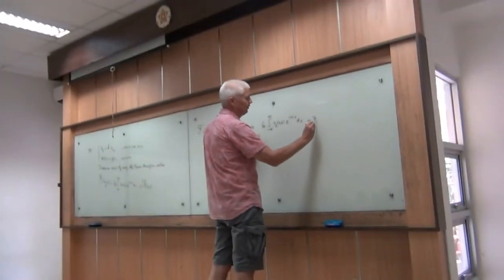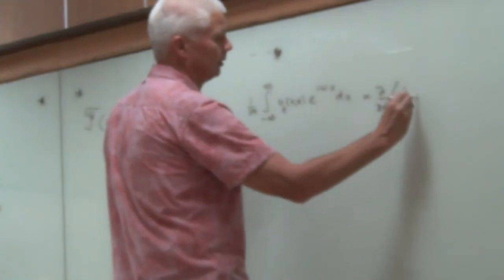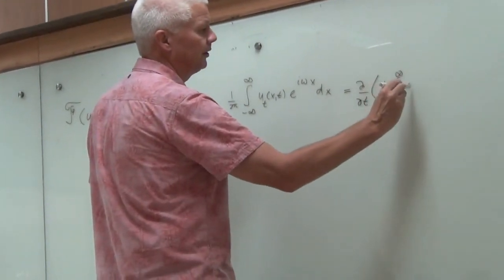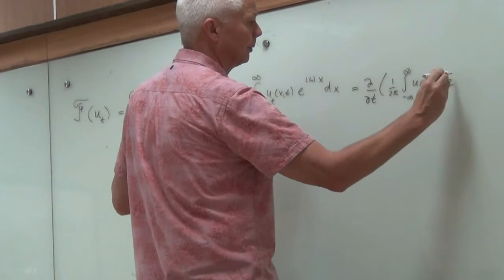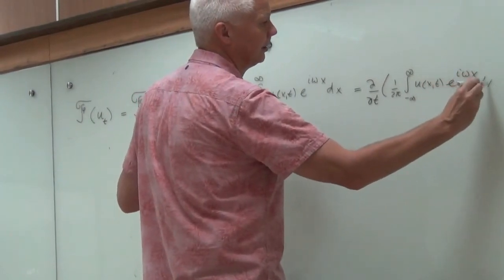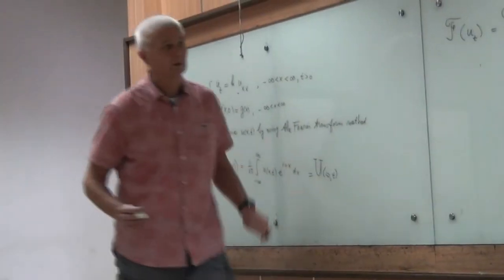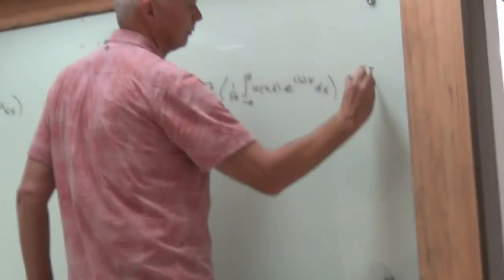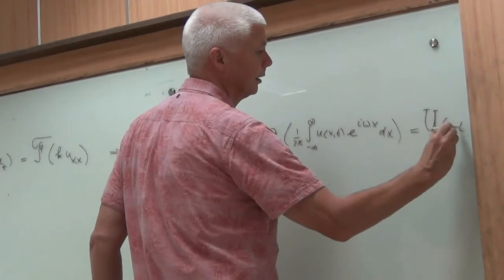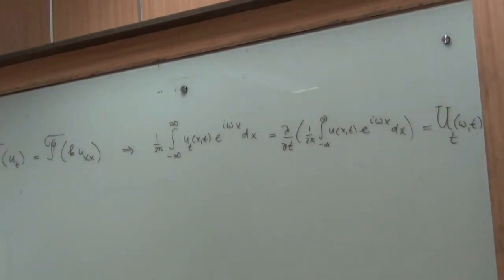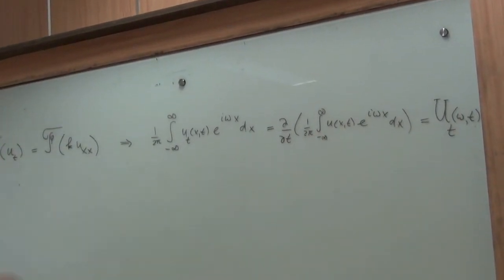So this is the d/dt of 1 over 2 pi integral from minus infinity to plus infinity u(x,t) e to the power I omega x dx. In between brackets I have the d/dt of the Fourier transform, and that's big U. So this is the time derivative U_t(omega,t). That's nice.